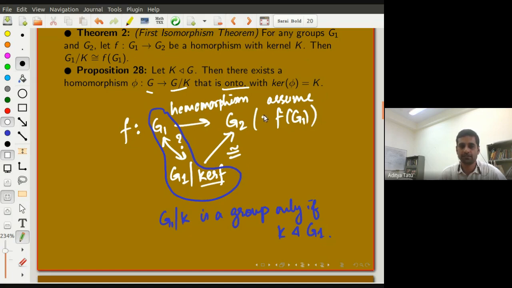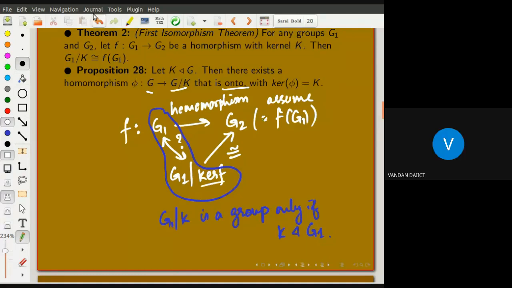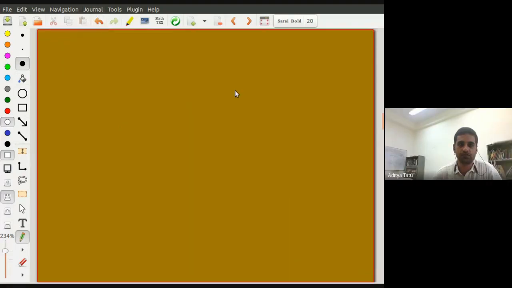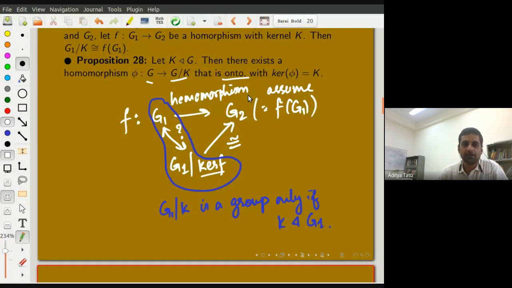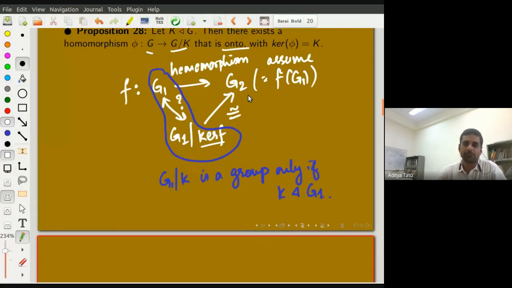Is the statement understood? Yes, sir. Then let's go ahead and prove this. The proof is very easy to see. What should be the homomorphism? Can anybody guess? The kernel is already given to you.